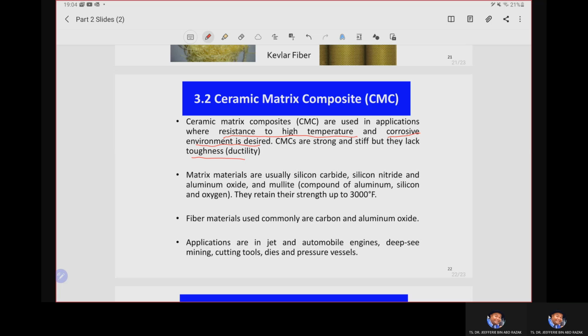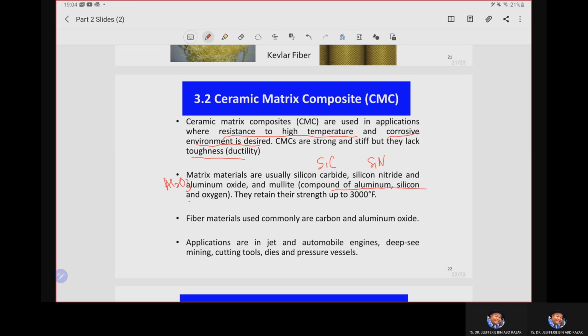The matrices used for CMC are silicon carbide, SiC, silicon nitride, SiN, aluminium oxide, Al2O3, and mullite. Mullite is a compound of aluminium, silicon, and oxygen.